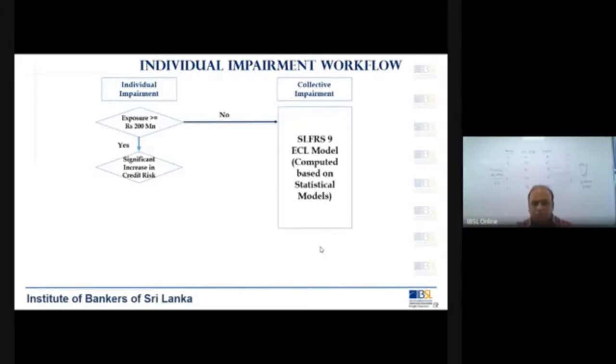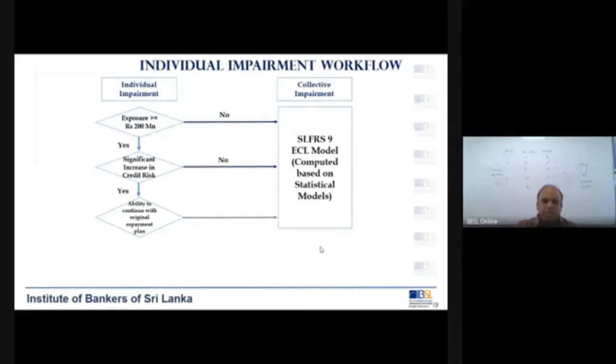So if the customer's exposure is not more than 200 million, you will straight away put them to collective impairment. If it is, you look at the significant increase in credit risk. If there is a significant increase in credit risk, you will test whether they can repay. If there is no significant increase in risk, you will again put them to collective impairment.